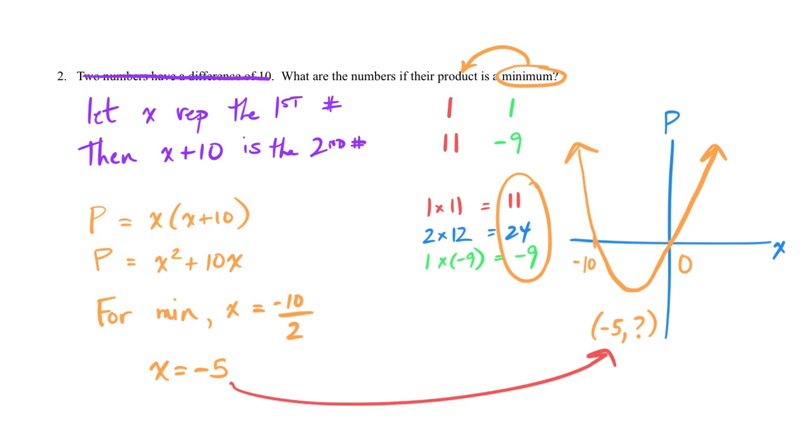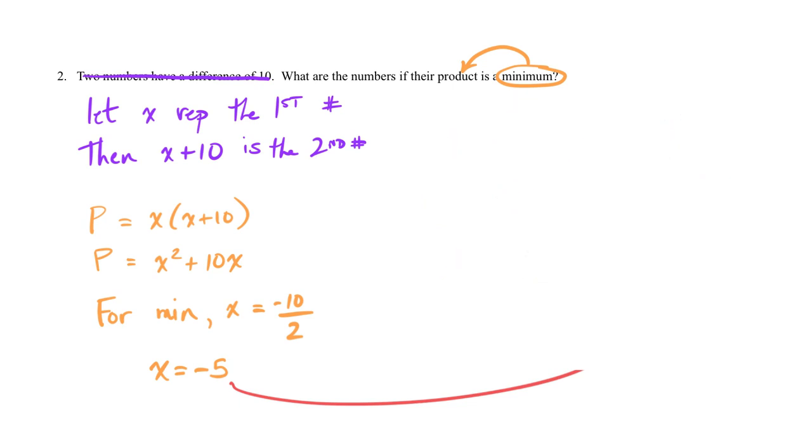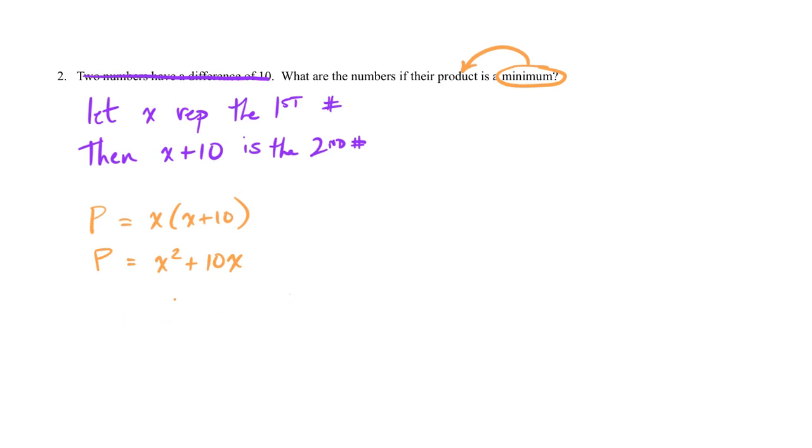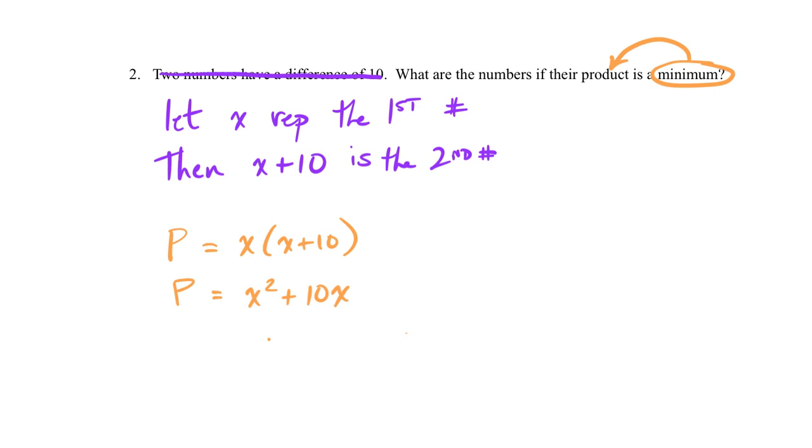So what I want to do now is get rid of all the stuff that wouldn't be needed. I'm going to get rid of this whole picture. I'm going to get rid of these possible products. I'm going to go all the way back, and I'm going to come to that point. When I ask you to translate, then I'm going to ask you to build the equation of the function.